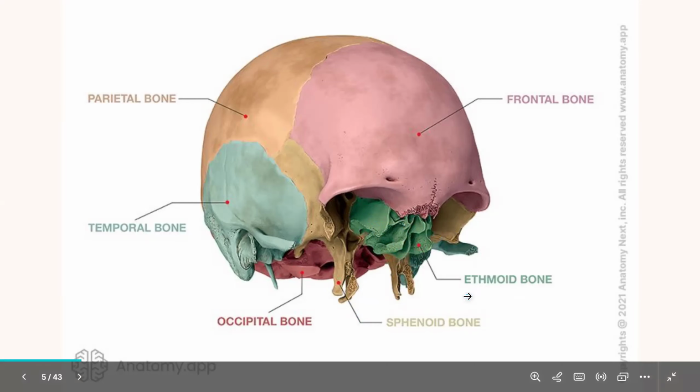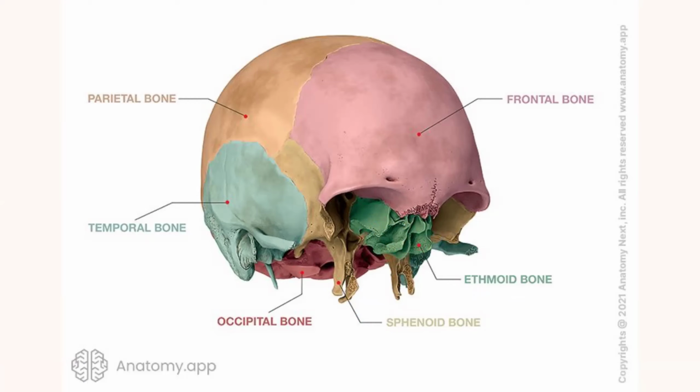But it is considered part of the neurocranium because it has the cribriform plate. The cribriform plate forms part of the floor of the neurocranial cavity. Through the cribriform plate, the olfactory nerve passes to the olfactory bulb, then to the brain.